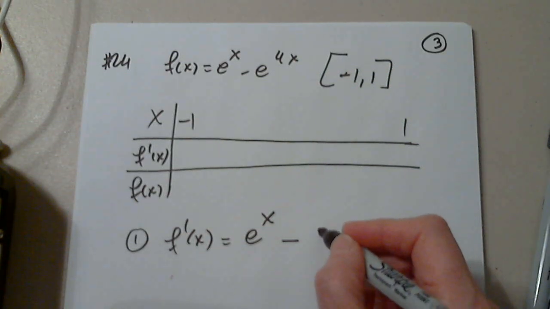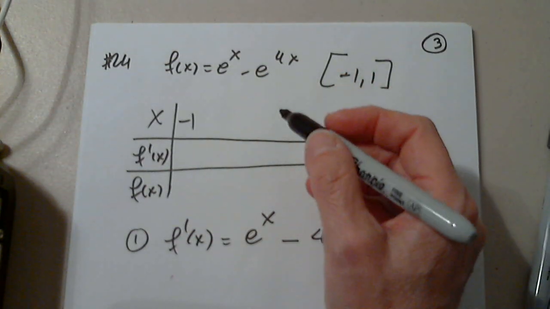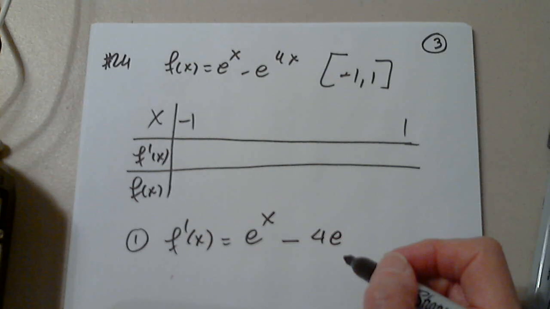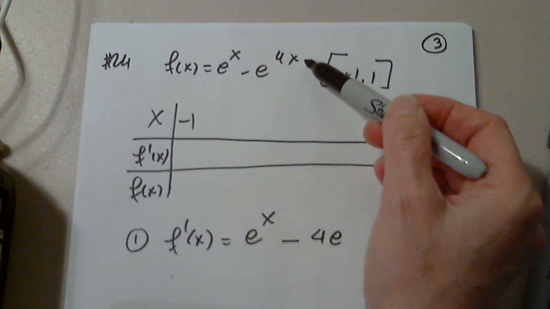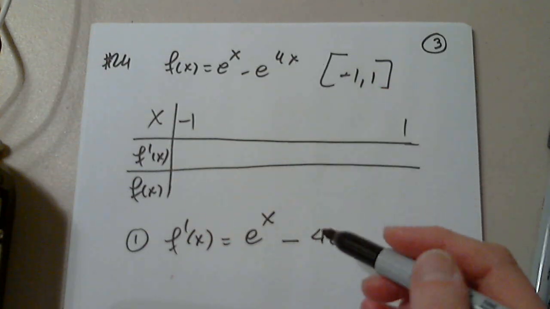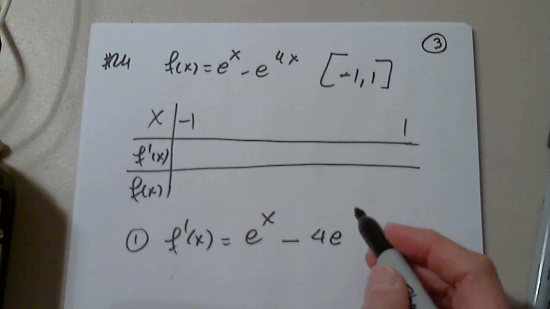So what is e to the 4x? The derivative of 4x is not 4x, right? The derivative of 4x is 4. Is it not 4 e to the 4x?